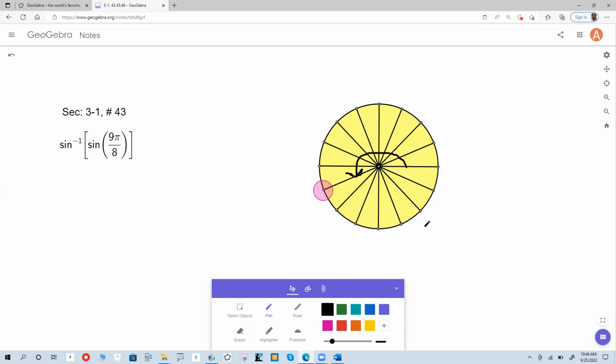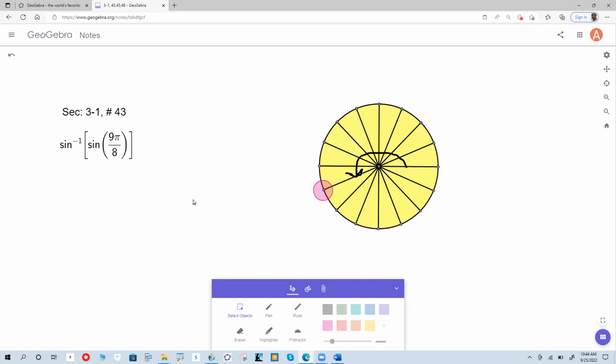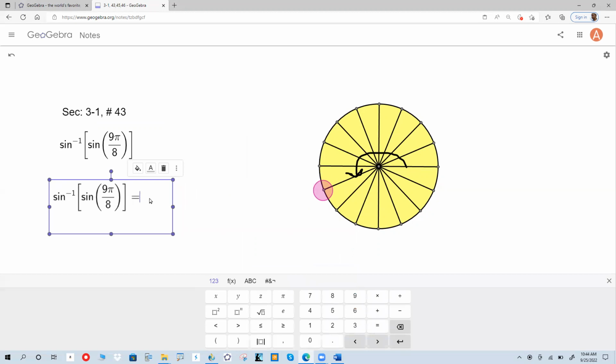For sine, my quadrant is the first and the fourth, or the right half, however you want to say it. So think about it a little bit. We'll do everything we have been doing. I'm going to set it equal to theta, and theta has to be in the right half.